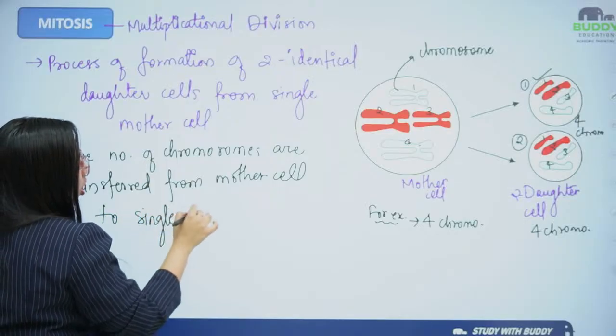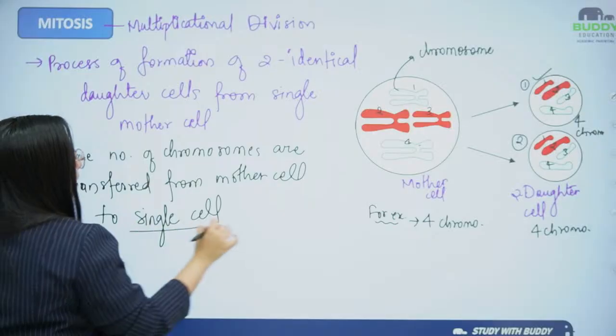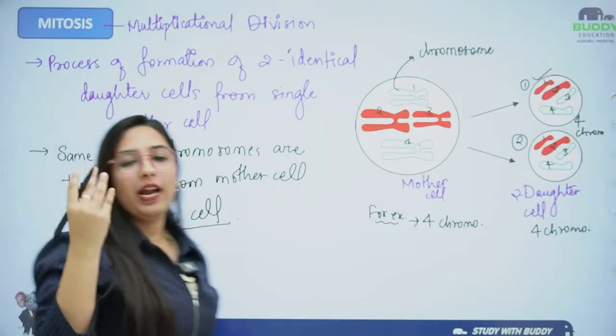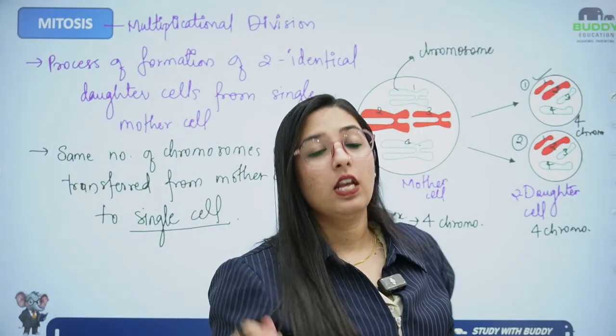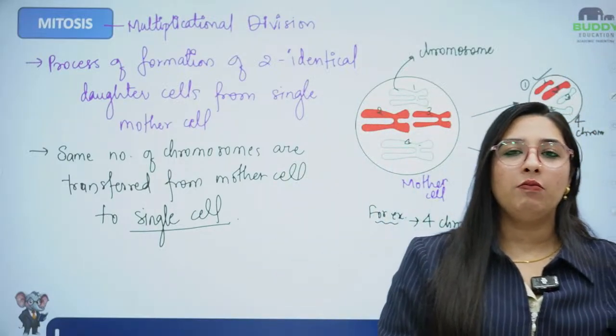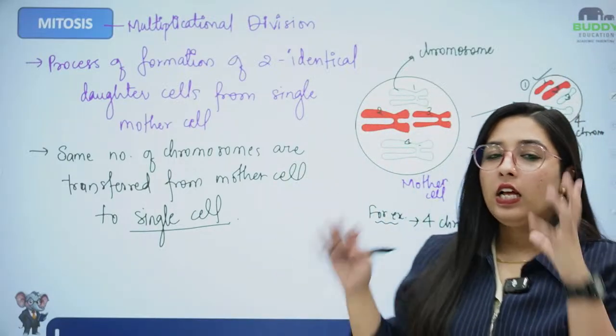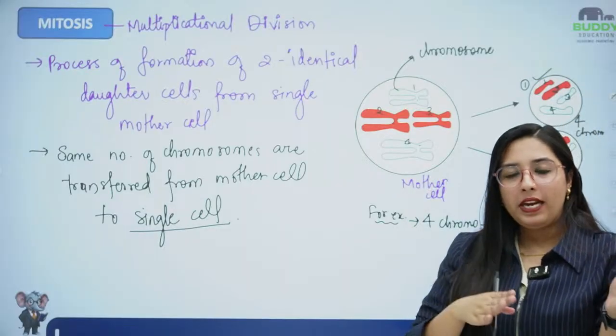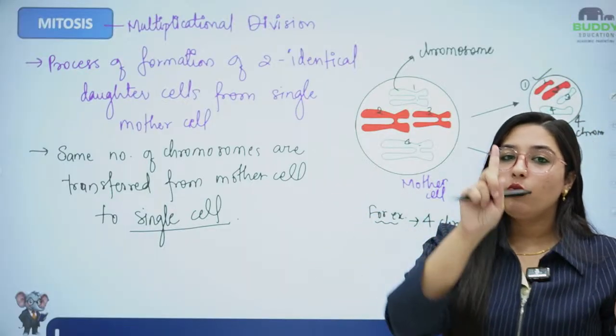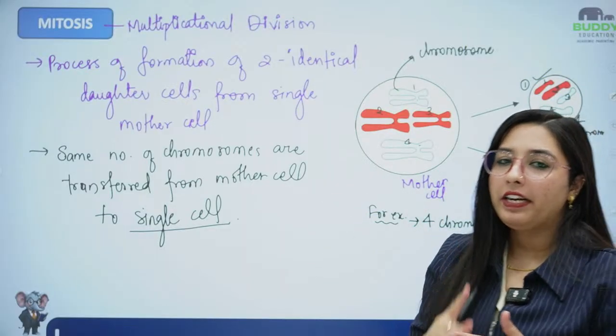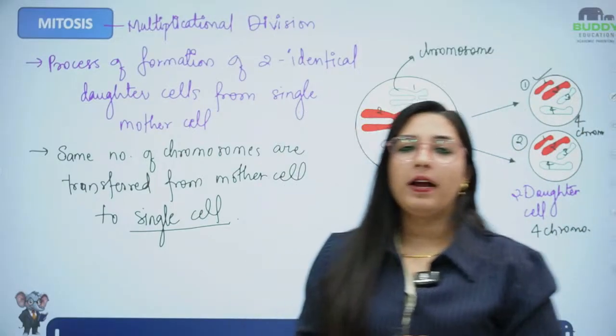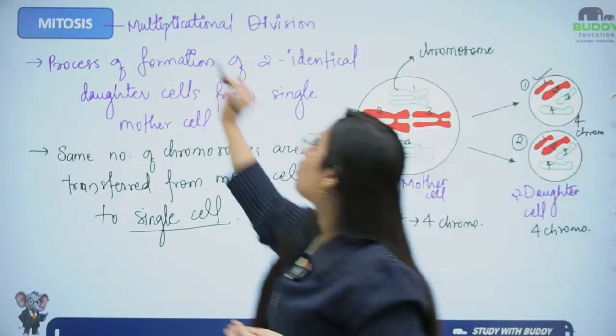I am not including both. If I include both, then it will be 4 and 8. I am just including one daughter cell. Equal number of chromosomes in the parent cell and equal number of chromosomes in one daughter cell. That is mitosis, or multiplicational division.